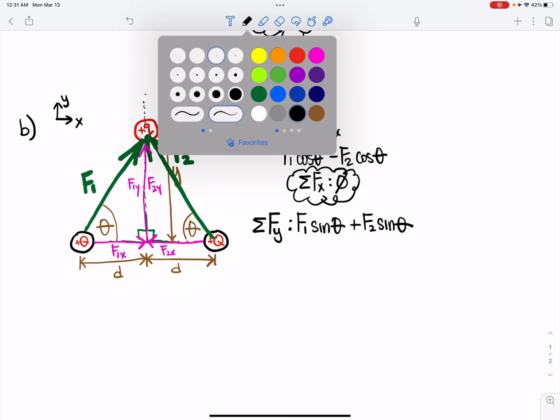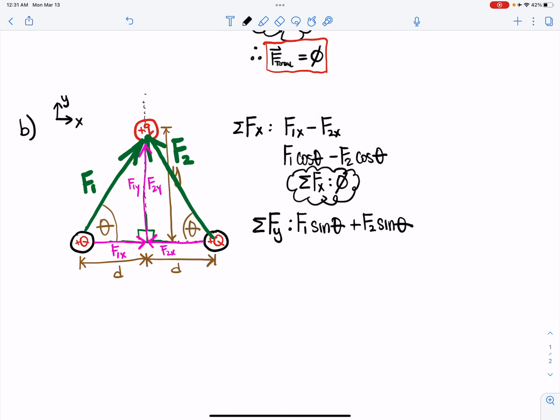And so F1, what is F1? Again, as we said, that's k times capital Q times little q divided by d squared. Right? That just comes from the electrostatic force equation in Coulomb's law.